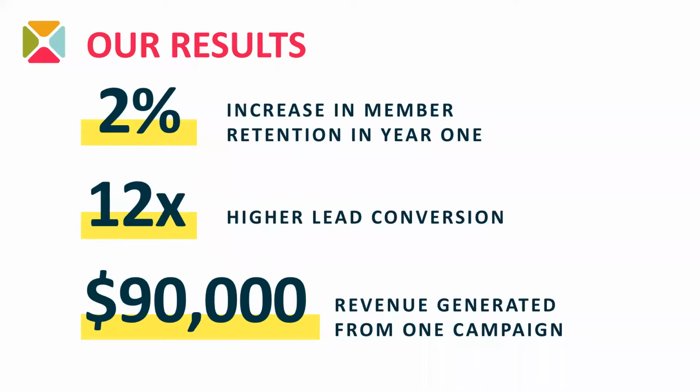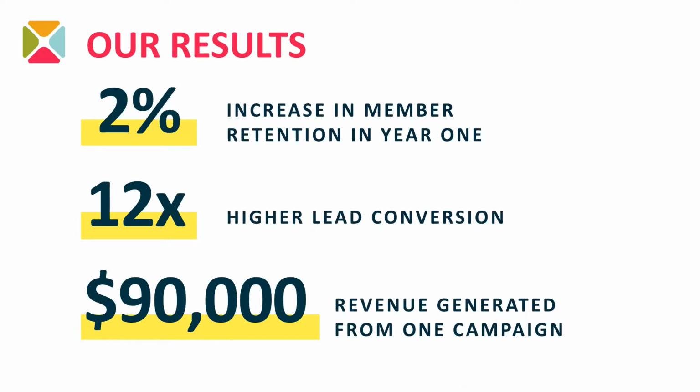And then the third stat that we've seen, if you're interested in our engagement assistant, from just one campaign, a membership win-back campaign. So again, taking those terminated members and just saying, hey, have you thought about rejoining? Has anything changed? Our engagement assistant sent out those messages, and we saw from just that one campaign, $90,000 from members who said, yeah, something did change for me.